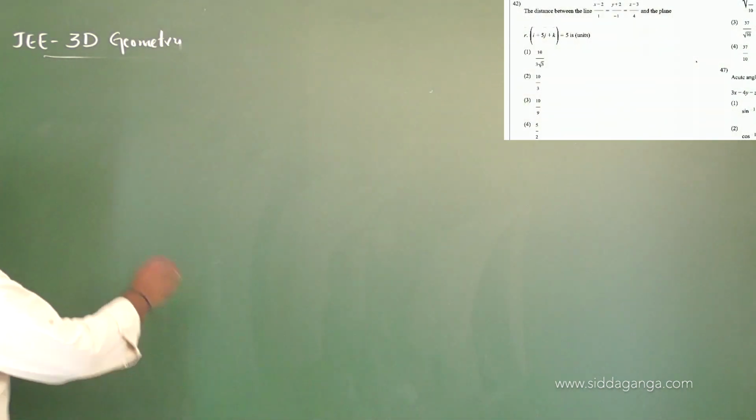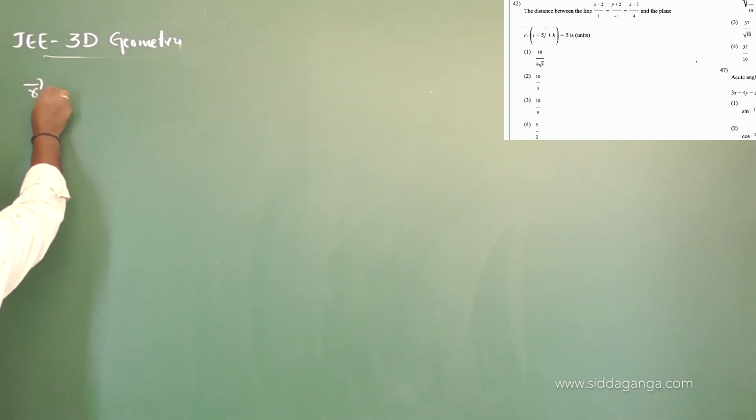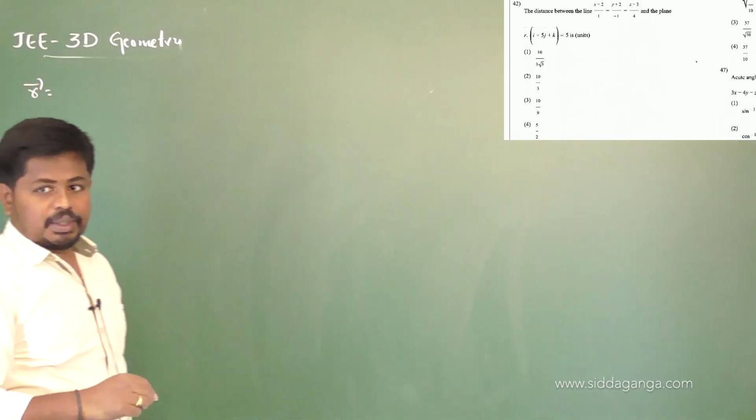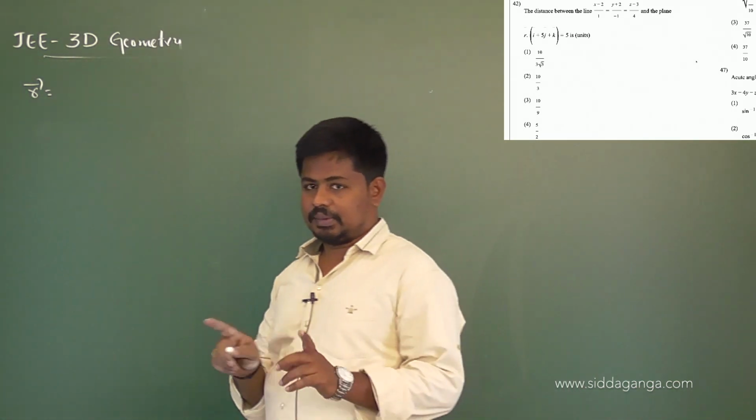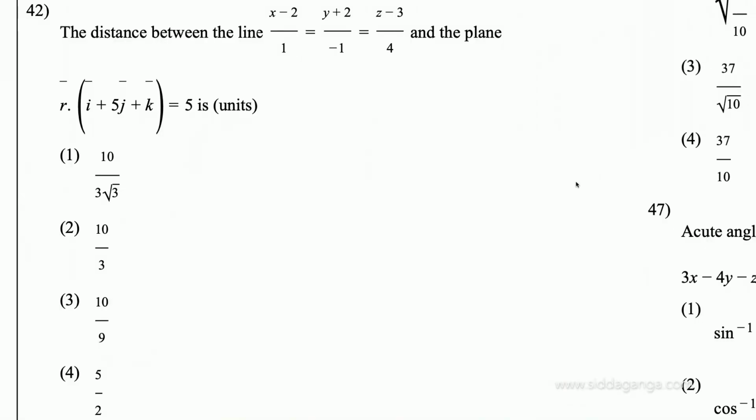That is, r is equal to 2i minus 2j plus 3k plus lambda into (i minus j plus 4k).